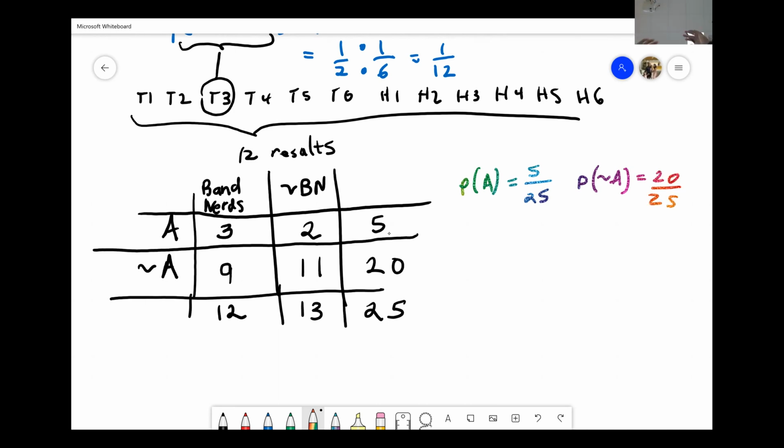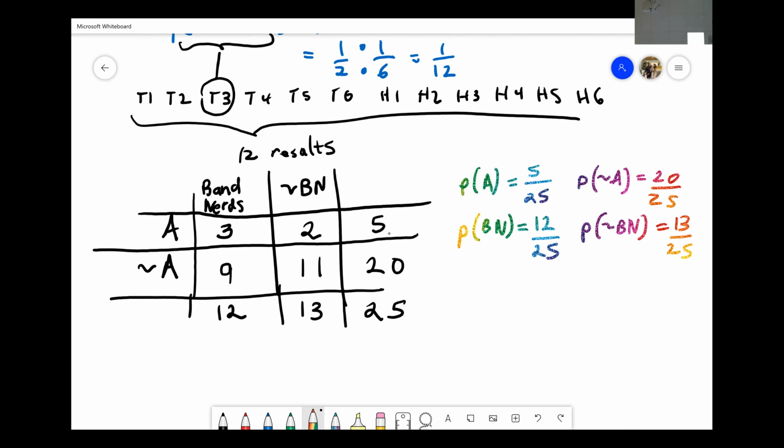And do you notice if you add probability of A plus probability of not A, you get 1, 25 out of 25? Okay. So what's the probability of being a band nerd? 12 out of 25. What's the probability of not being a band nerd? Correct.